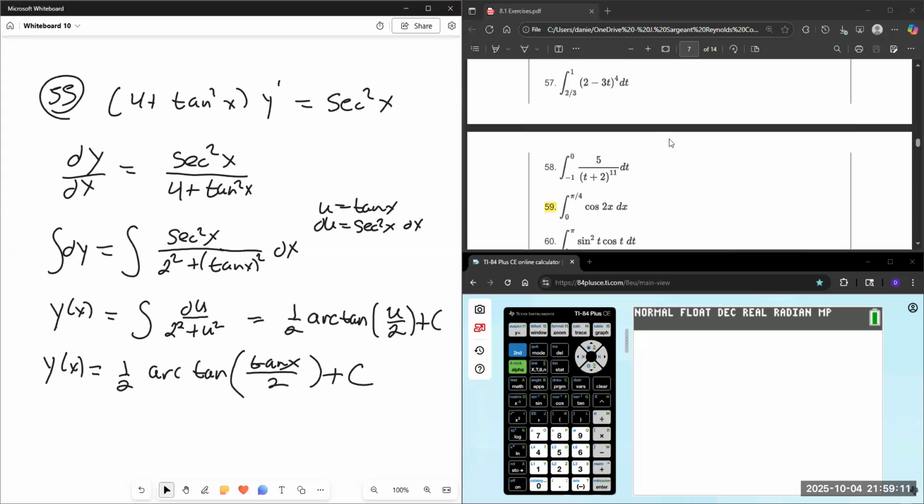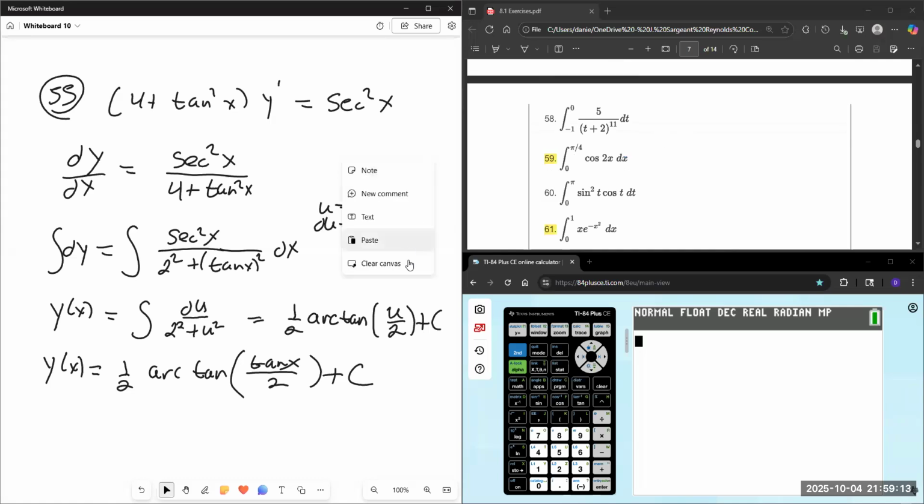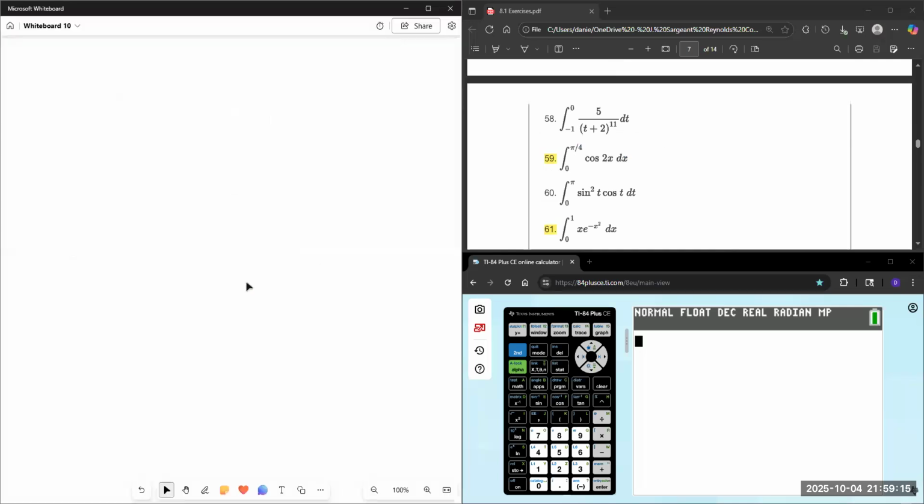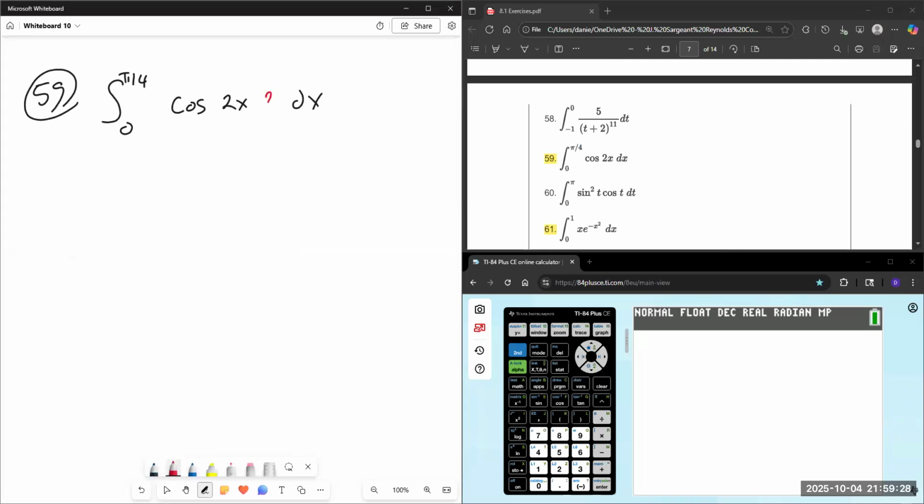Continuing on now to number 59. 59 now is a definite integral, 0 to pi over 4 of cosine of 2x dx. I'll make this 2 and this 1/2.